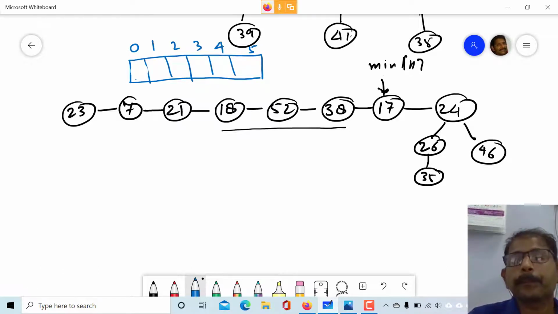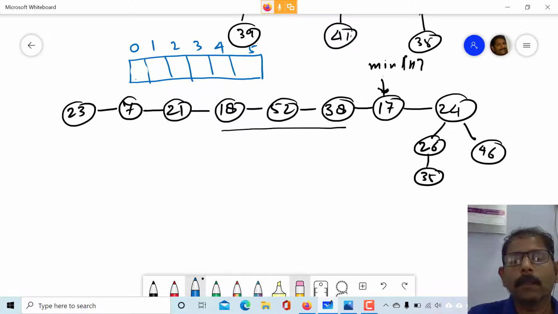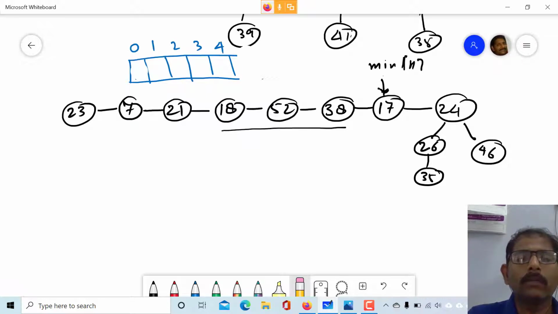Okay, normally we count the number of root nodes: 1, 2, 3, 4, 5, 6, 7, 8. We divide 8 by 2, and therefore 4 values will be there, because the total number of roots is divided by 2 and this value is constructed.